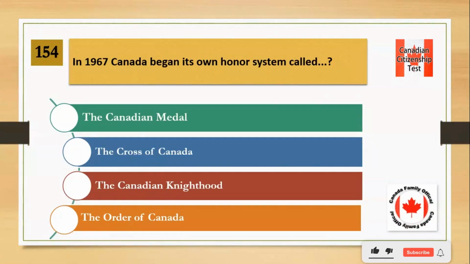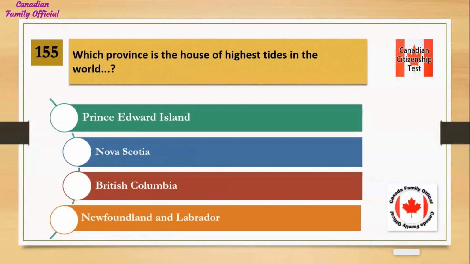In 1967 Canada began its own honor system called Number 1 the Canadian Medal, Number 2 the Cross of Canada, Number 3 the Canadian Knighthood, Number 4 the Order of Canada. And the answer is the Order of Canada.